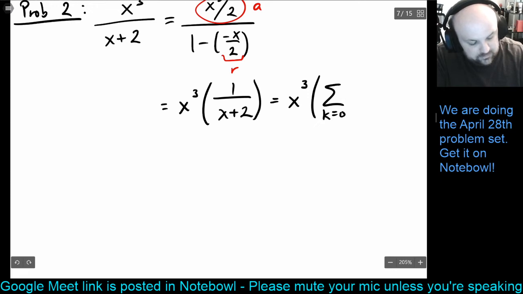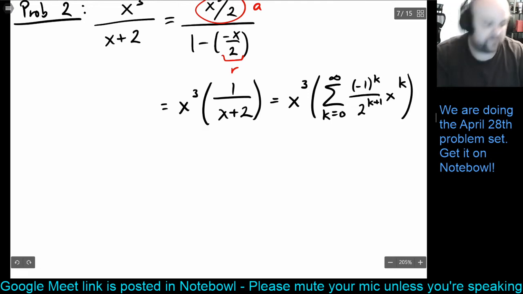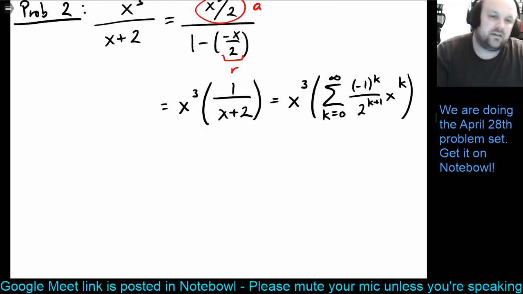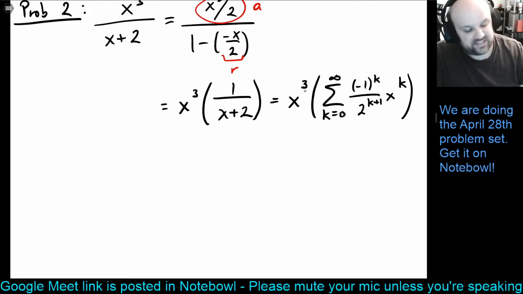That's the sum from k equals 0 to infinity, negative 1 to the k over 2 to the k plus 1, x to the k. And once we have that, we can just take this x cubed right here and multiply it into the series. That's it.